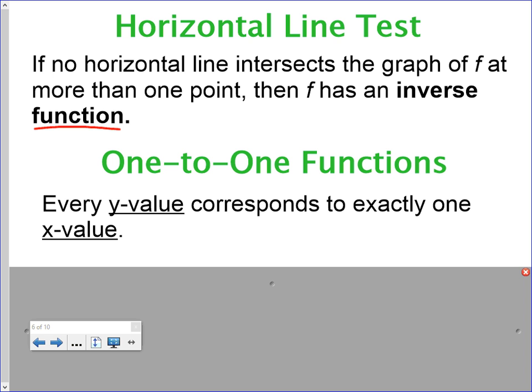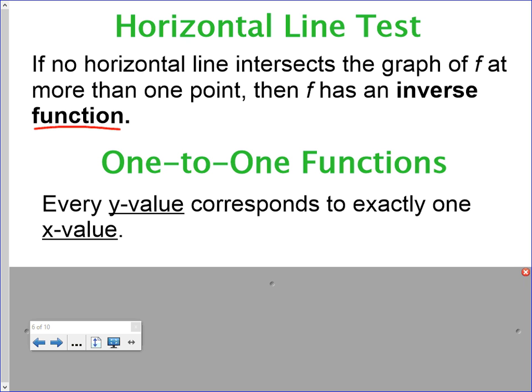That's the definition of the function part. One-to-one also means every y has only one x. So now, none of the x's repeat, none of the y's repeat, because every y has only one x. So one-to-one functions would be things that do pass the horizontal line test.